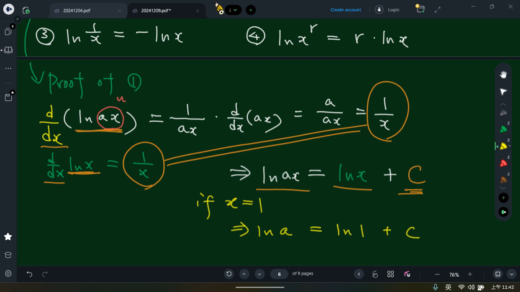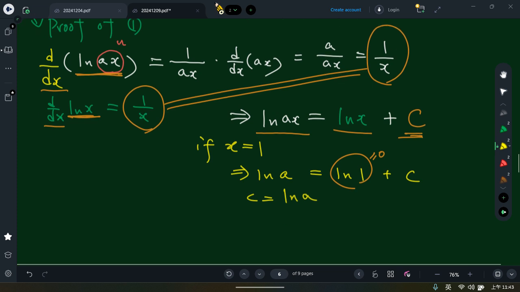So if we just use x is equal to 1 to replace x here, we can get ln a is equal to ln1 plus c. What is ln1? 0, right? Don't forget, we just learned this. This is 0. So that means c here is ln a.